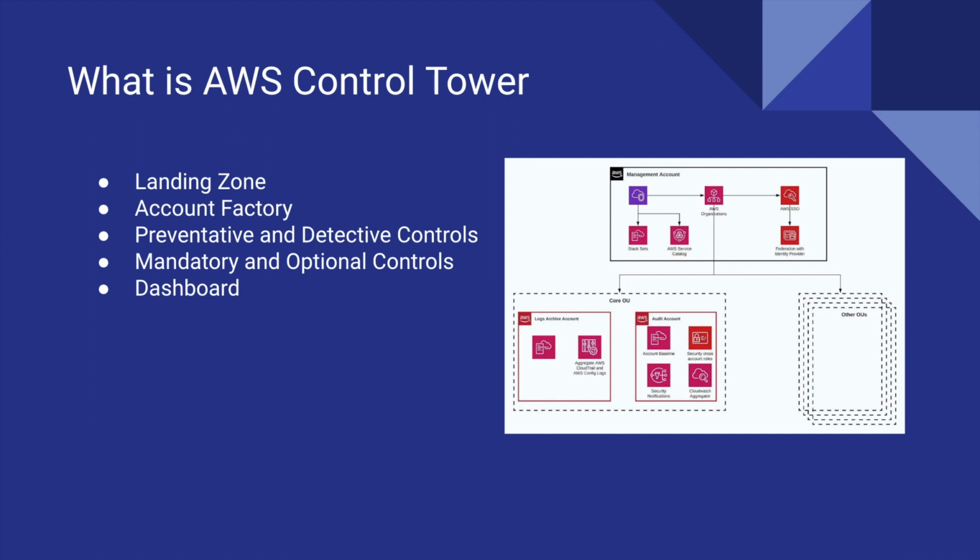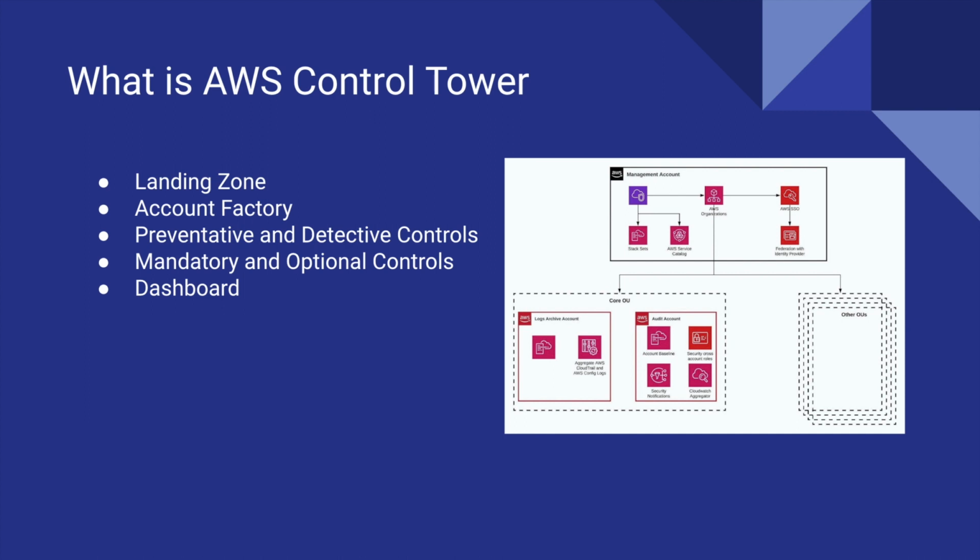Preventative uses service control policies, and they're put in place to deny certain actions from being performed. Whereas detective guardrails use Config rules, and they are more about alerting or potentially taking action if something happens and one of those rules is triggered.